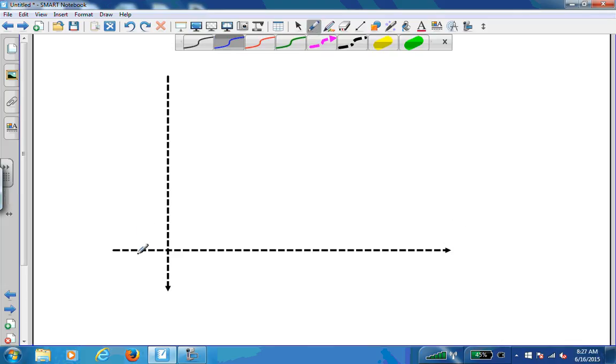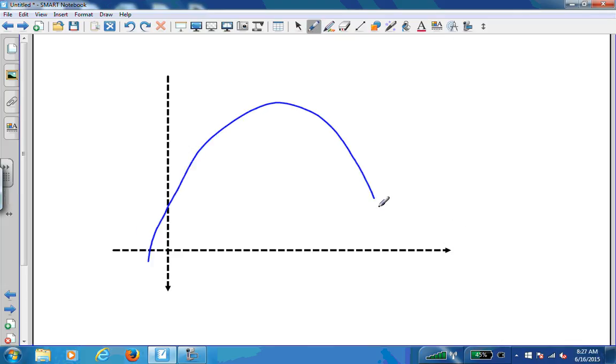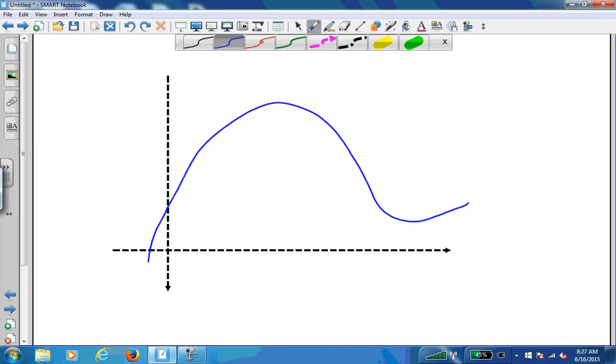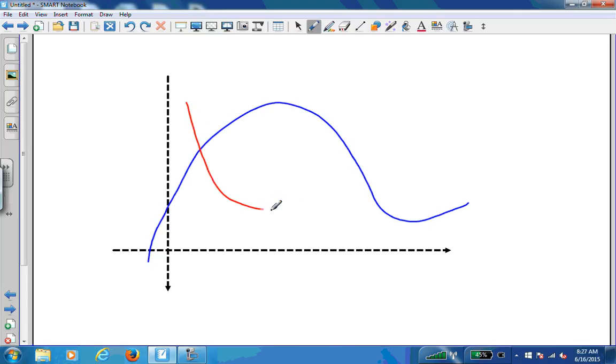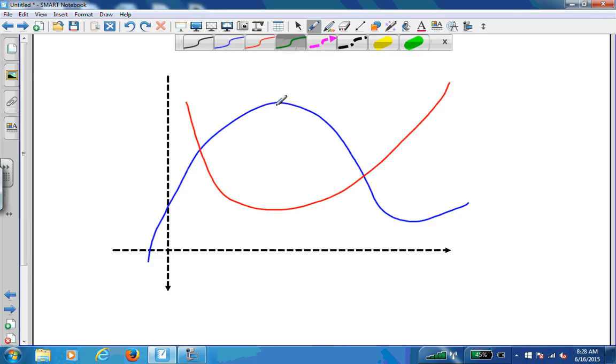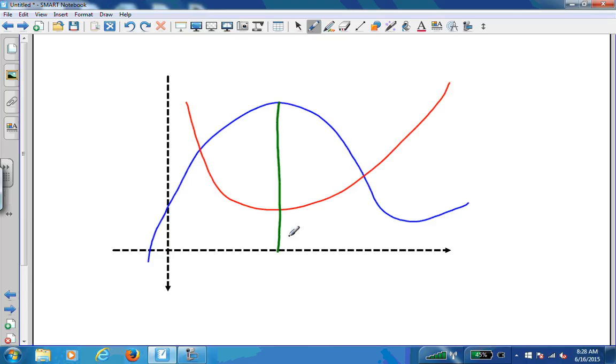Let's suppose we have a function f like that, and g like that. And let's find the area between the curves from there to there.